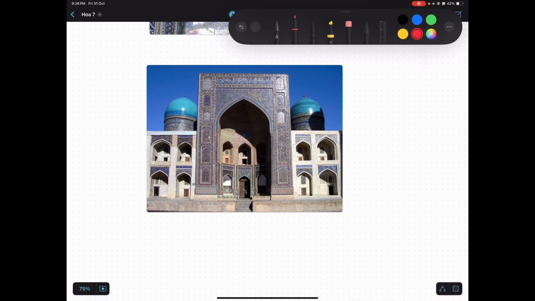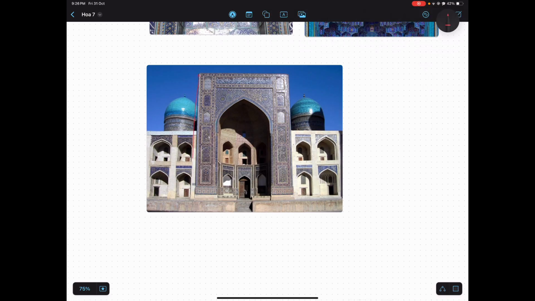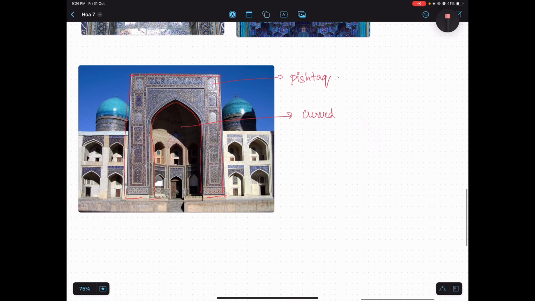In gateways, this rectangular structure is your pishtaq, and the curved one is a half vaulted or half-domed structure that has three walls and one side open.